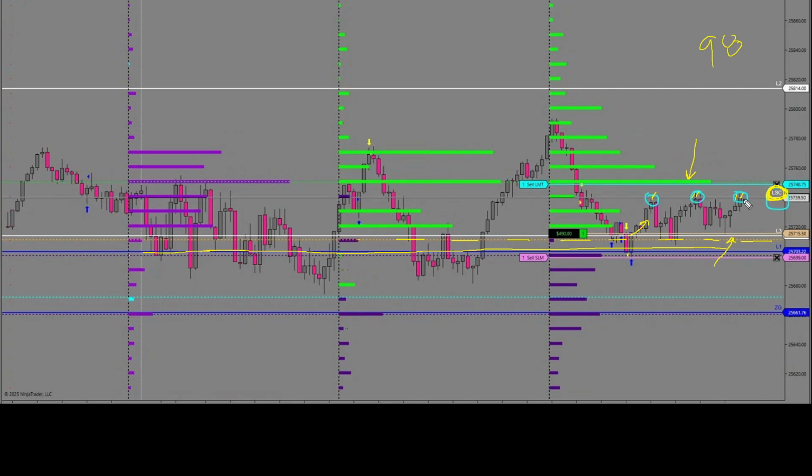Automatically I closed this position, because the magnet levels don't always get hit. Why? Because there are other important levels that can stop the price continuation.